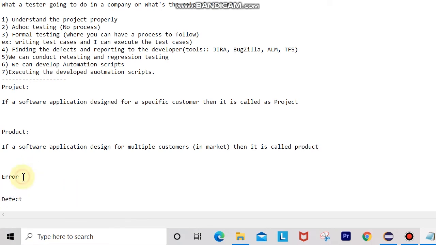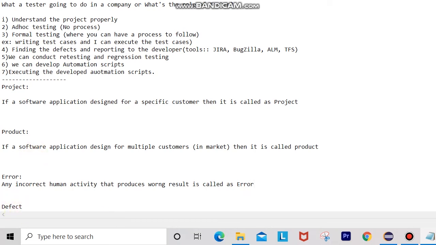Error means, what I told, any incorrect human activity that produces a wrong result is called an error. This one is also fine.